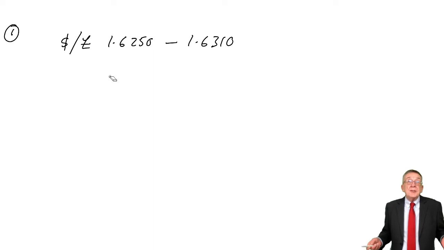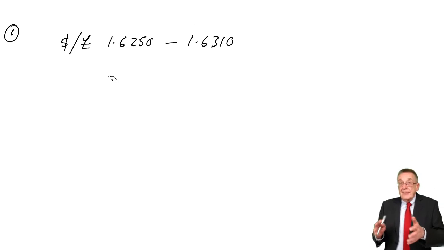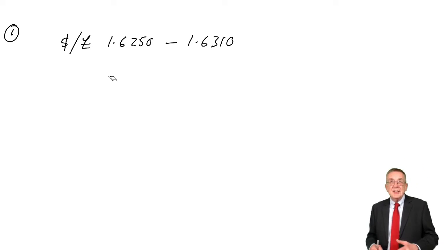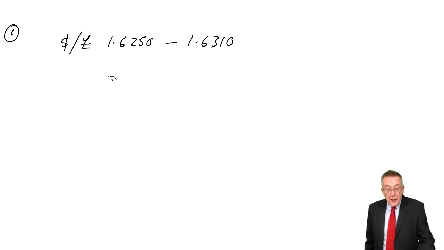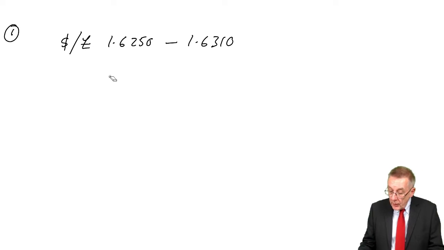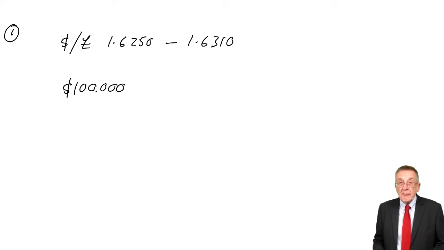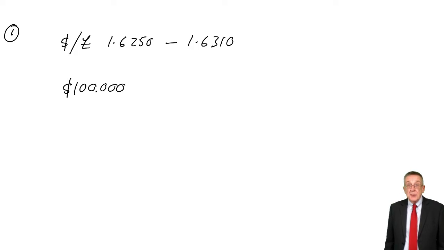And there are 2 rates because the bank makes a profit. They change money at one rate, change it the other way at the other rate. It's them who makes the profit. And so our question here is, we're receiving $100,000. How are we going to convert that into pounds?